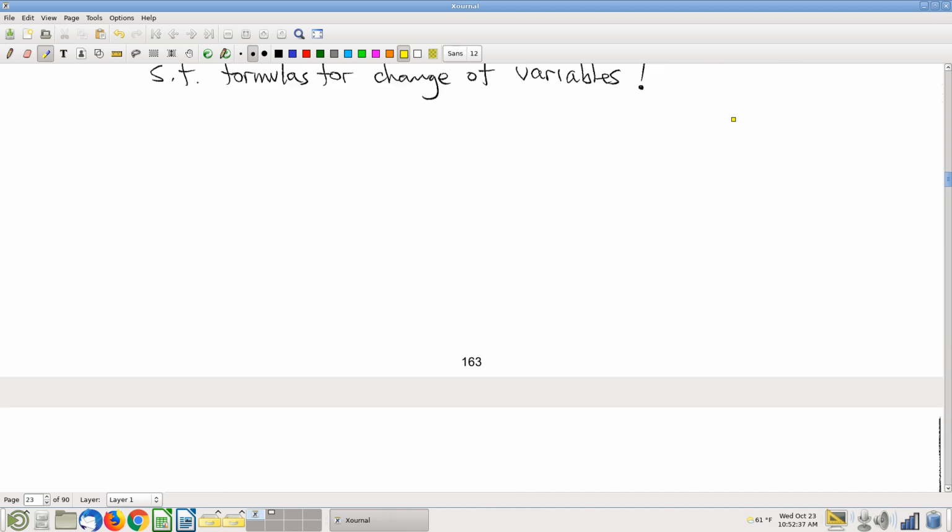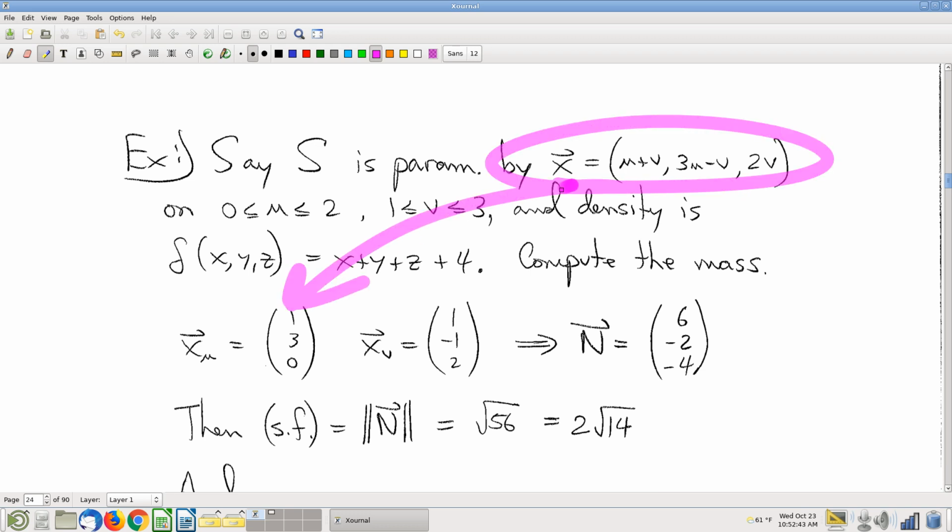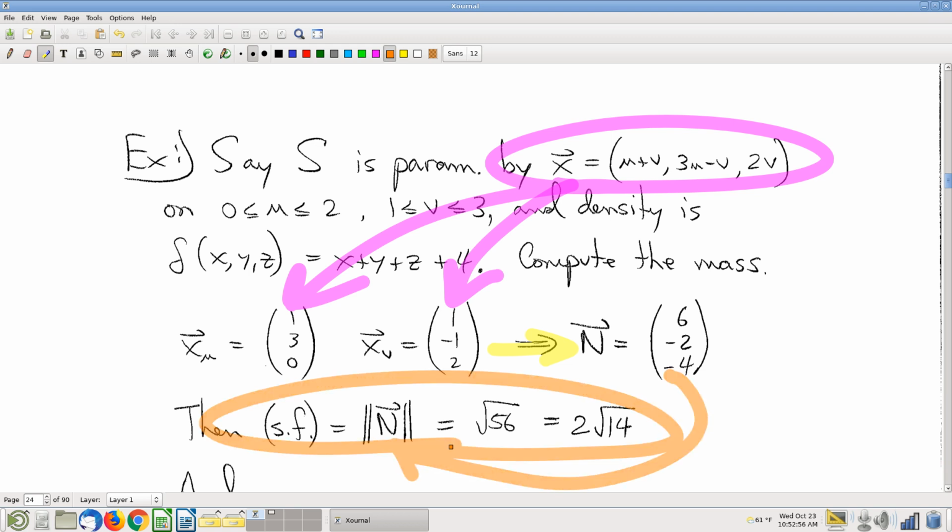So here it is. I'm going to go quickly through the tedium. Your parameterization, there's the partial derivatives. Here's the cross product. There's the magnitude. Just a bunch of details.